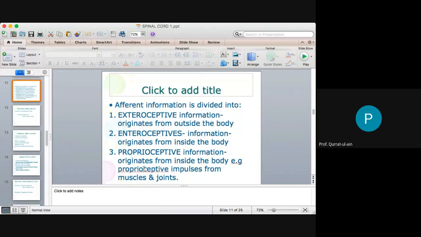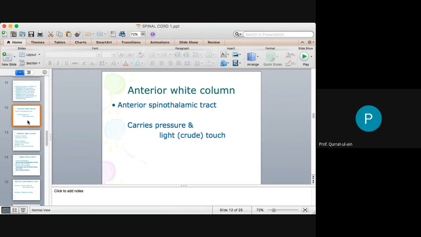They are the proprioceptive receptors. So any information will be taken and carried by the receptors, and every tract has a specific sensation which is sensed by specific receptors, and they will travel in their specific tracts.